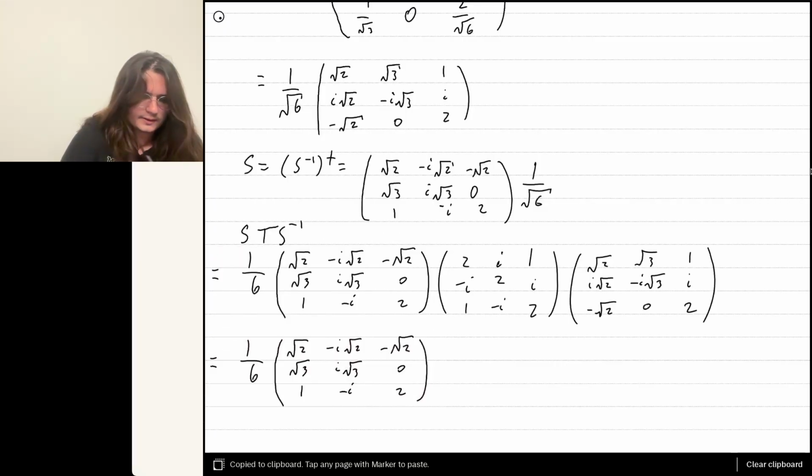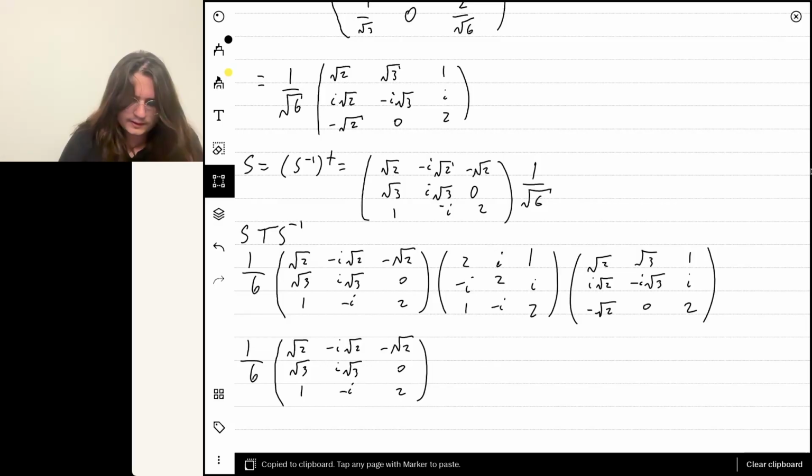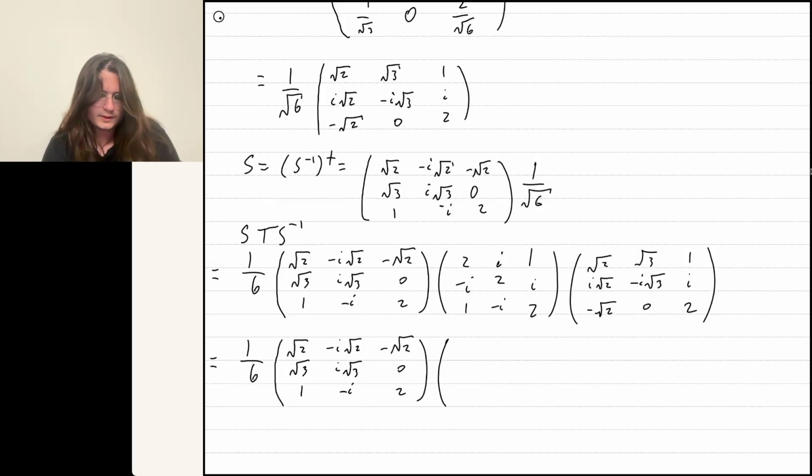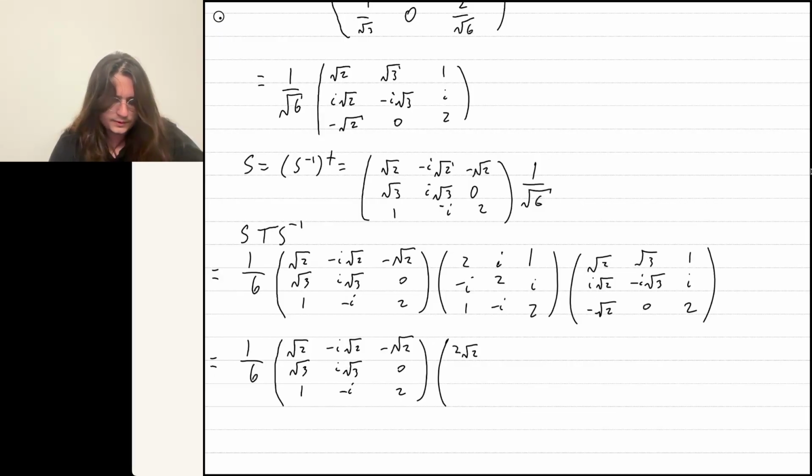So the two matrices multiplied together looks like it's 2 root 2, minus root 2, minus root 2, and then 2 root 3 plus root 3, and then 0, and then 2 minus 1 plus 2.